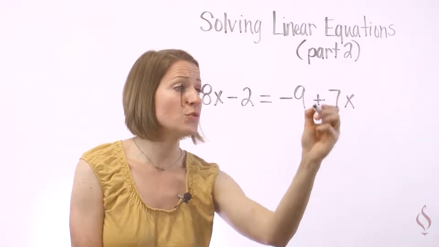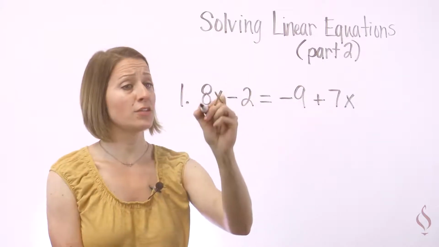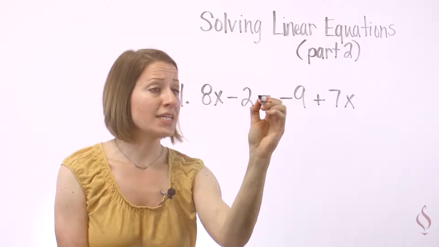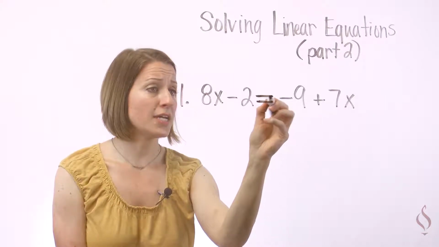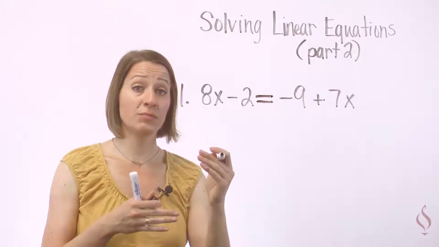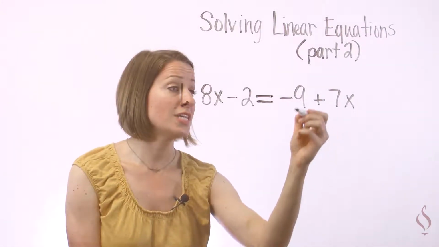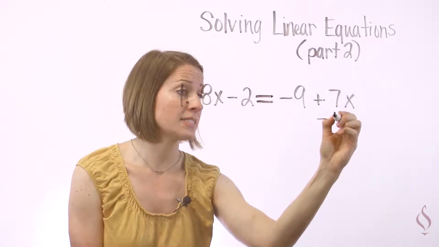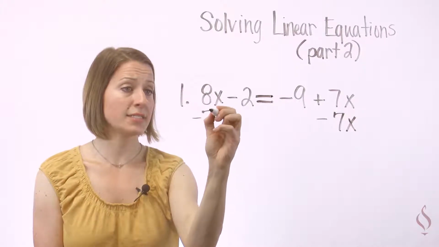So I want to move this positive 7x to the other side. Now, because I'm crossing over this equal sign, this little bridge right here, I have to move it by using the opposite operation. So instead of adding 7x, we'll subtract 7x.